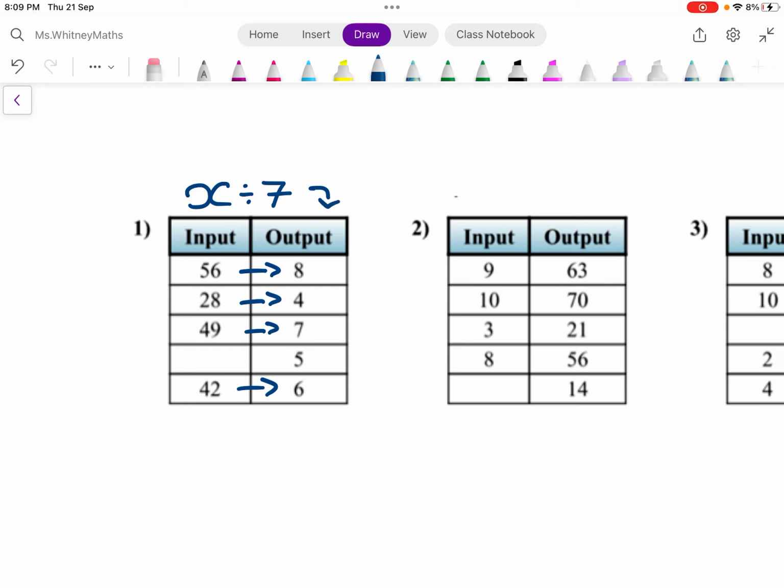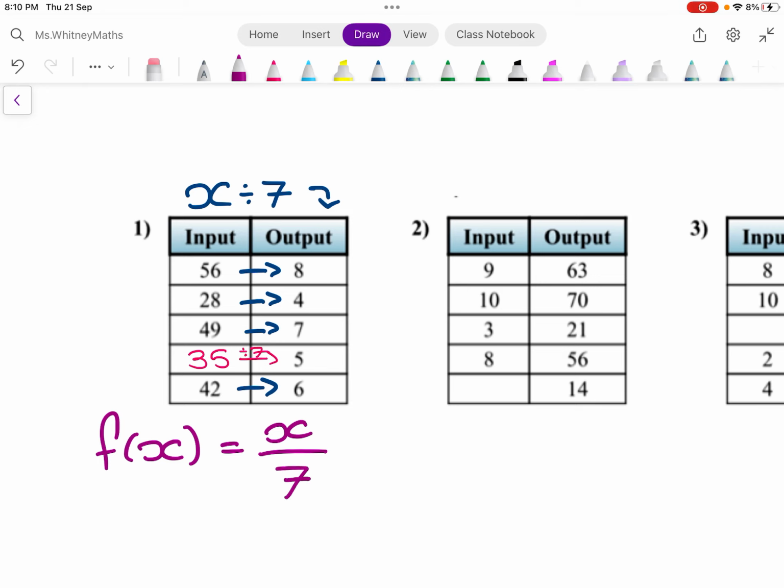So if we're looking at this first number, we would have 35 in here, because 35 divided by 7 would give us 5. Now let's write this as function notation. So we have the function of x is the same as x divided by 7.